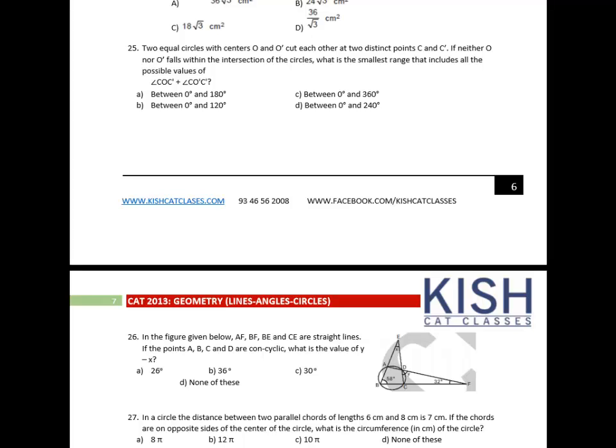The options are 0 to 240, 0 to 360, 0 to 180, 0 to 120.